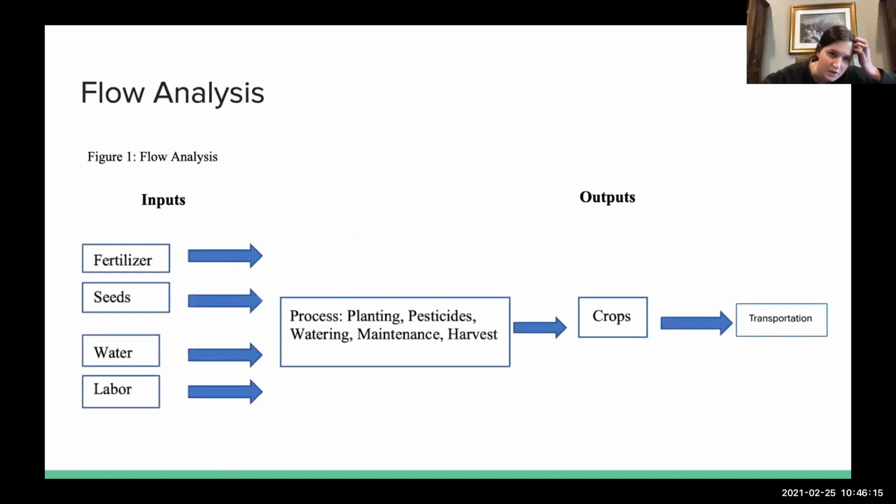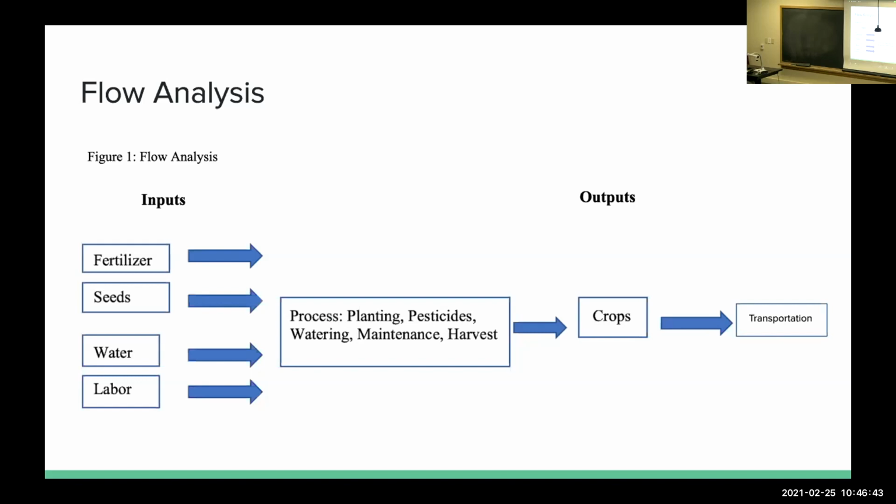Sorry, what was the question? I couldn't really hear it. Let me see if I can. I think I understand what you're asking here. This chart is a good concept chart, but it's kind of lacking in specifics. Yeah, and I'm not sure it really tells us anything we don't know. We put in fertilizer, seeds, water, and labor in these processes to grow a crop, and then we transport them.